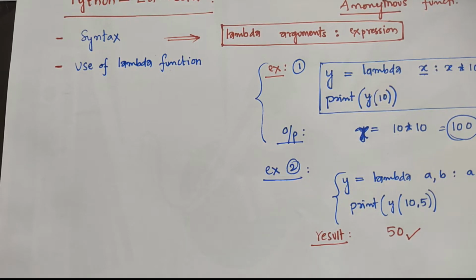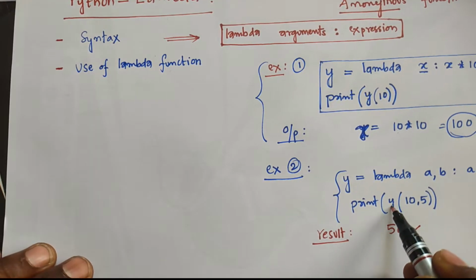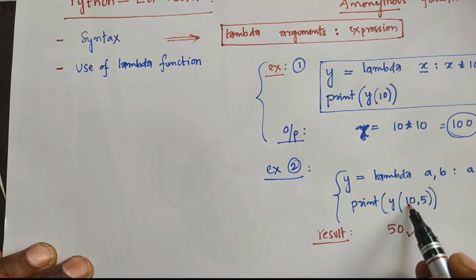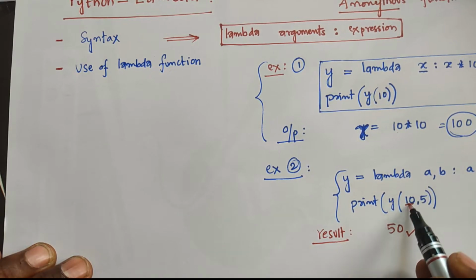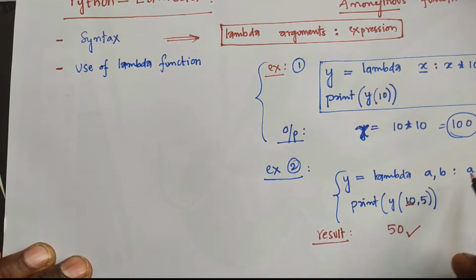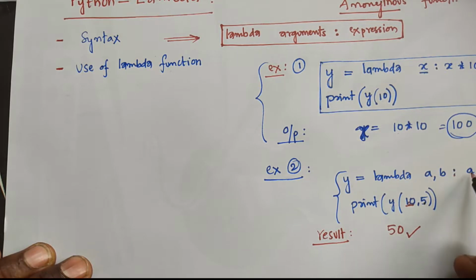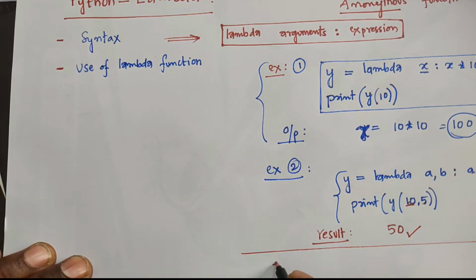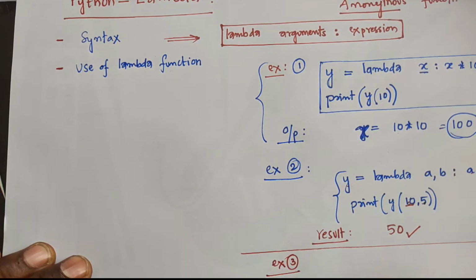So that is the concept of this lambda function. In the y function, the arguments are a and b, a value is 10, b value is 5, and the expression is a into b, and the result will be stored in y. Another example is example number 3.